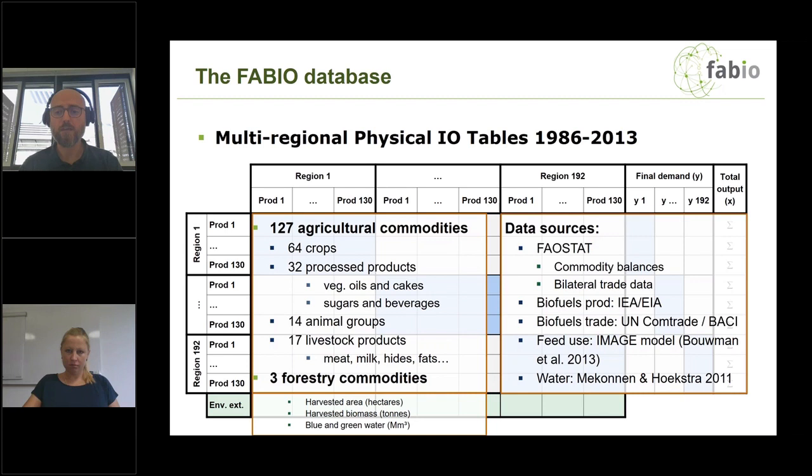Then for biofuels trade, we used UN Comtrade and BACI. For feed use, we built feed balances for all countries worldwide based on data from the IMAGE model, from the publication of Bouwman et al. 2013, and water data we sourced from Mekonnen and Hoekstra.